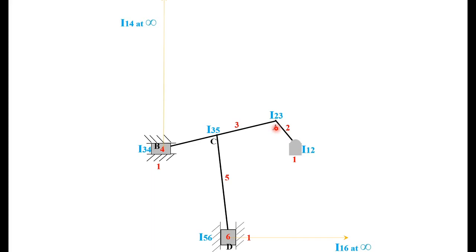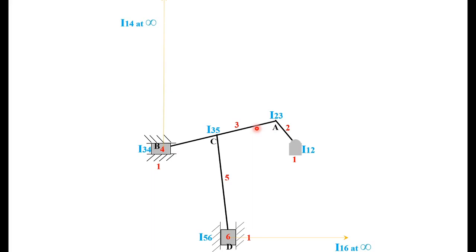So the next, we can continue to only one point, that is VB, because A and B are on the same link. So from the value at A, we can find the value at B. When can we find that? When the instantaneous center of AB is known. So what is the instantaneous center of AB?